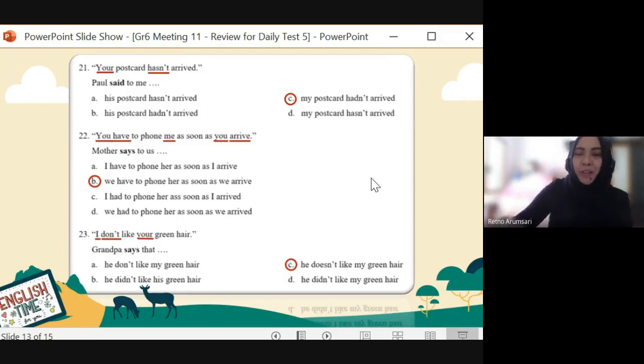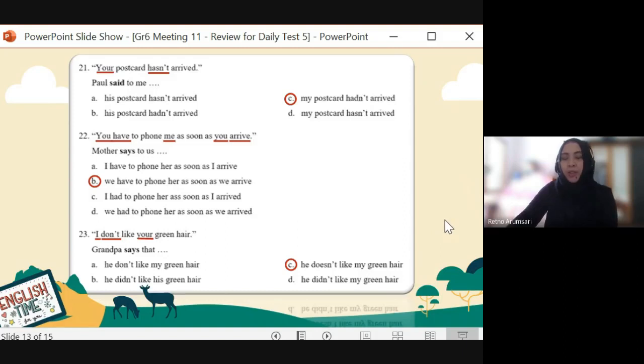If you change it into didn't like, it means that you change the verb into the past. You cannot do that if you see the same word is says. Okay, remember that, 6D. That's your key. Said, says. That's your key. The first thing that you need to look at is the saying word.